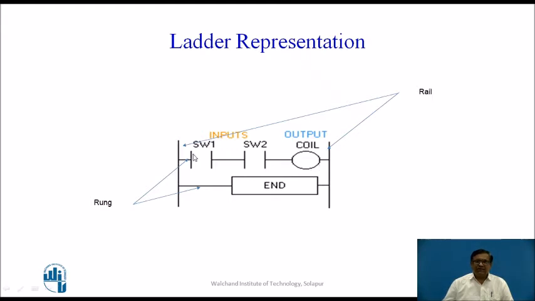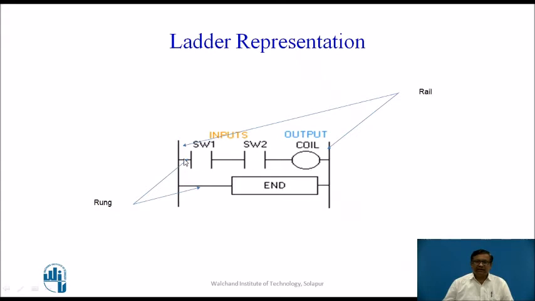For example, these two vertical lines mean this is one of the contacts, we can call it a switch also. So, this is switch 1, this is switch 2, and these act as inputs to the PLC. And here this is the output, which is again used as a coil.